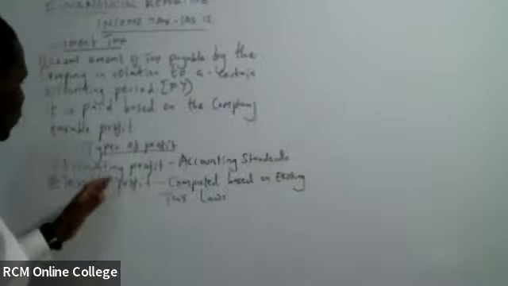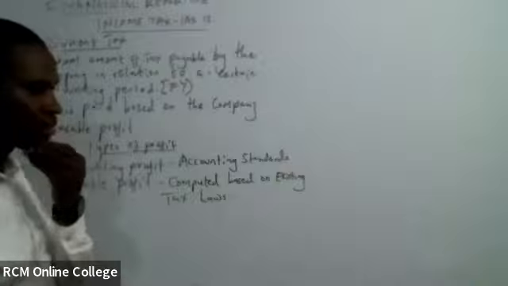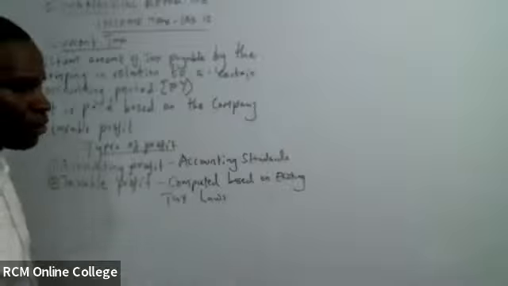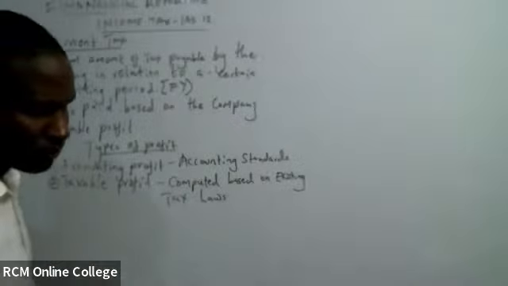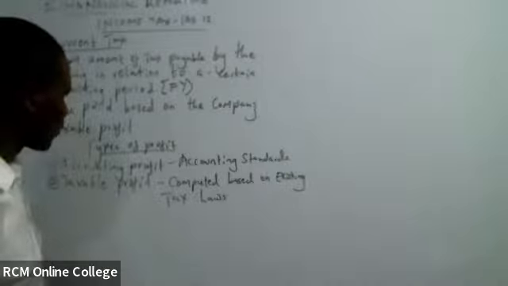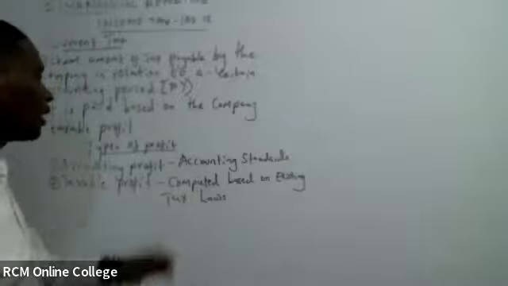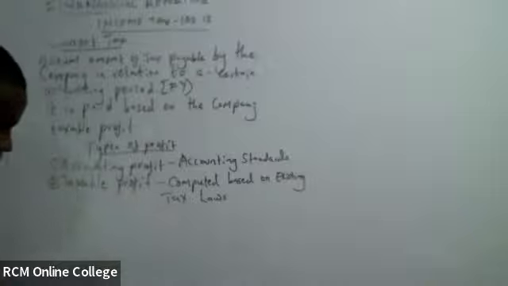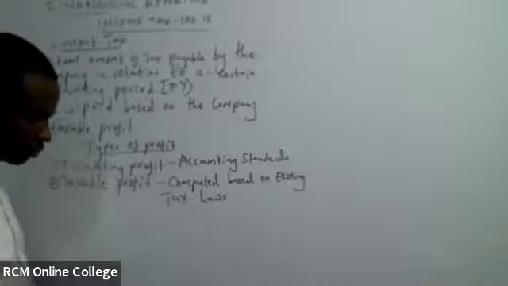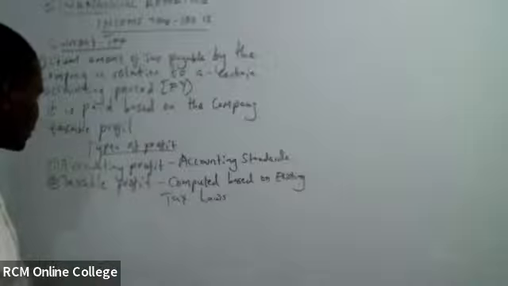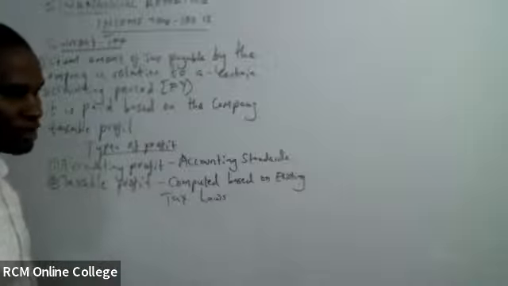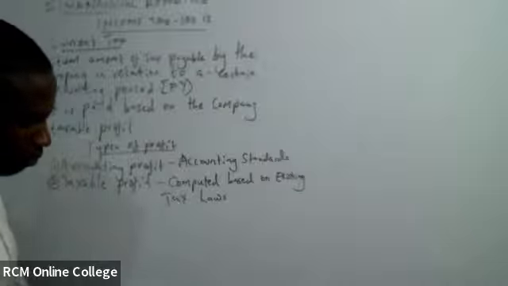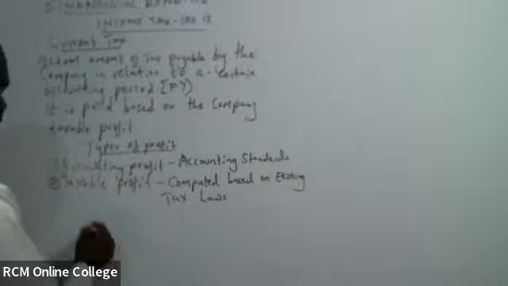To arrive at accounting profit, the accountant uses the accounting standard, the Generally Accepted Accounting Standard. For the other one, we need to look at the existing tax rule. What does the rule state? For instance, to get taxable profit, you less the allowable expenses.